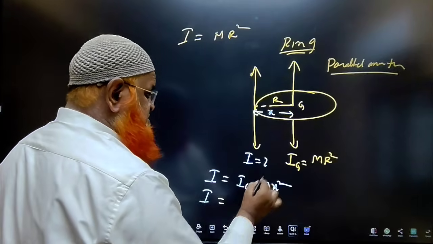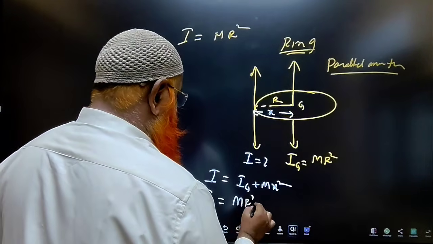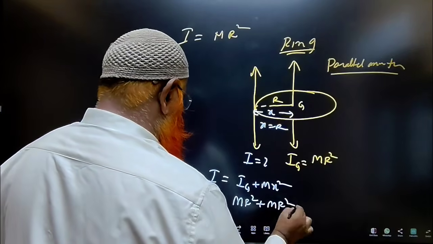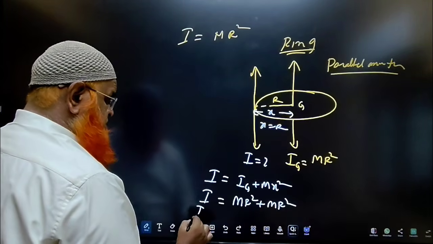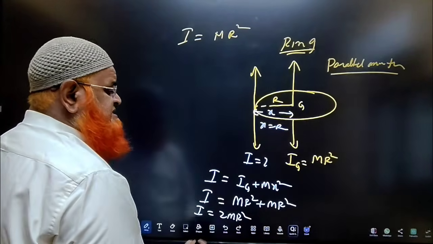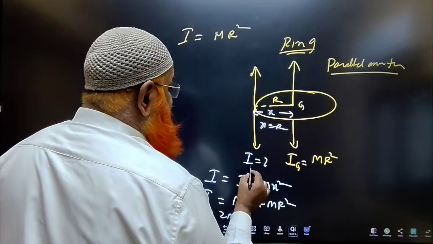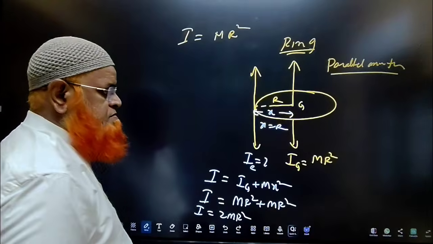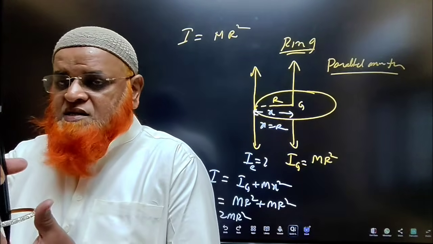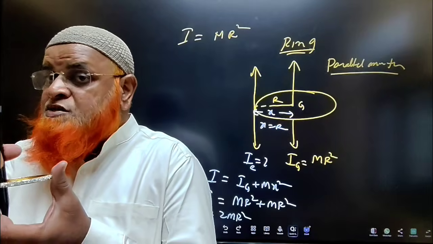Ig means mr square, and here x is nothing but r, so I is equal to 2mr square, with the axis at the edge. So two things you got: mr square and 2mr square.